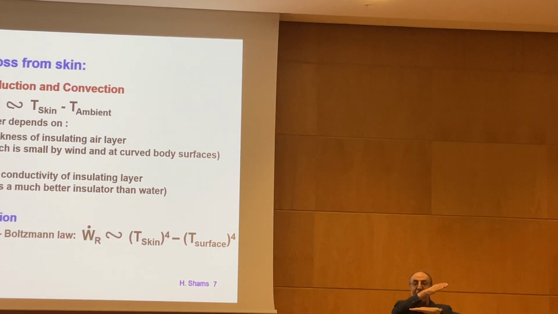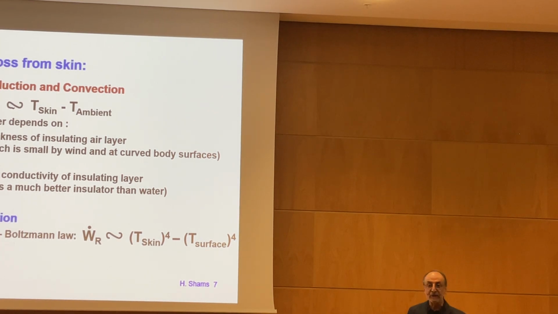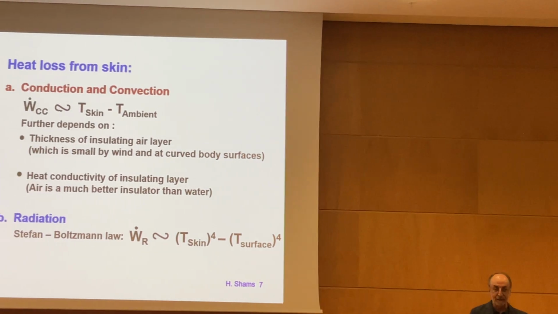As soon as I have wind which blows here, takes the warm air away and replaces it by cold air, that is convection. Conduction you have if there is no air movement on the body. Convection if the air is moving, and warm air is always replaced by cold air.